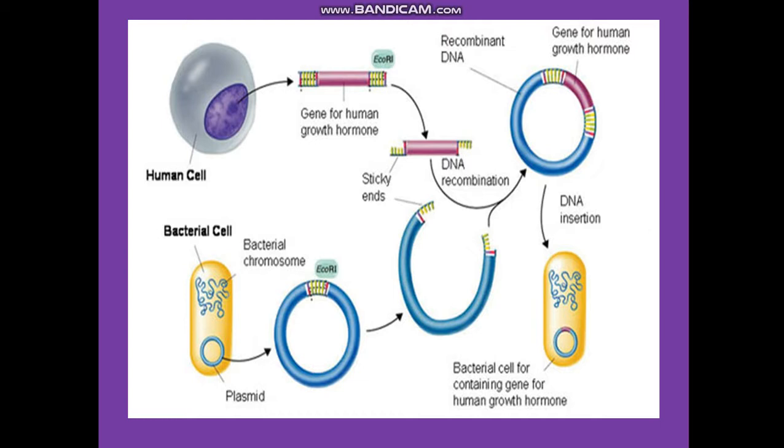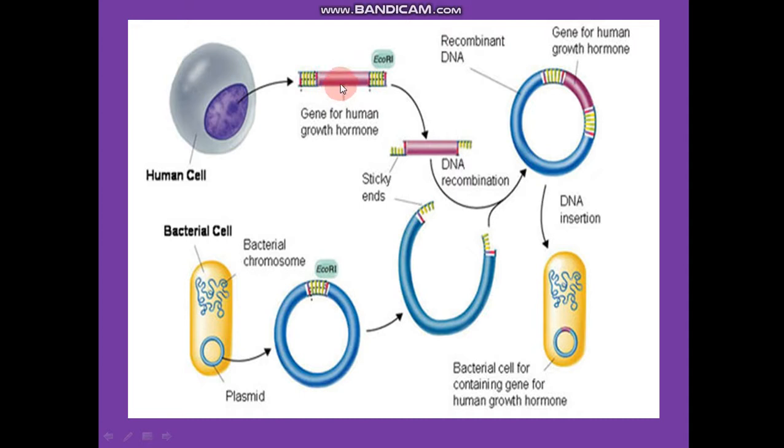Now here you can see another example. I'll give you another example of human growth hormone production, how the growth hormone can be produced. See here, this is a human cell. We are taking the human cell, taking out the chromosome. For example, this is the gene of interest which is responsible for human growth or production of human growth hormone.